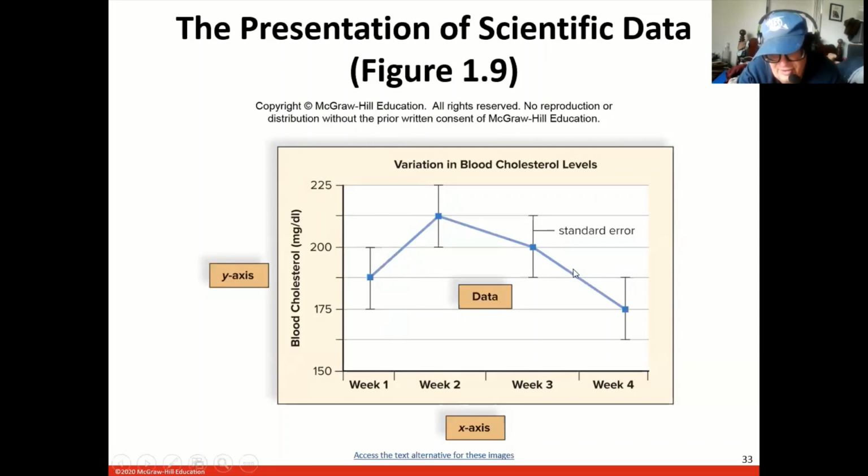But this and this, what's happening in week 4 and what's happening in week 2, there's no overlap at all. There is a difference. So the standard error bars tell you that you probably wouldn't want to talk about the difference between say week 2 and week 3, that's very little difference. It could be that there's nothing at all, but the difference a week later is dramatic and profound, and that you could write up.